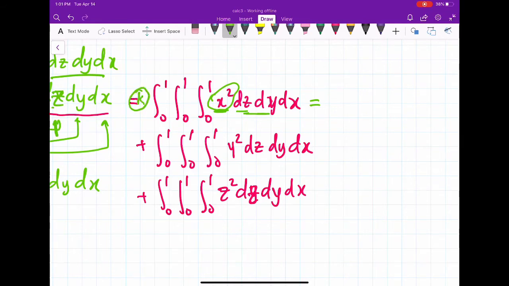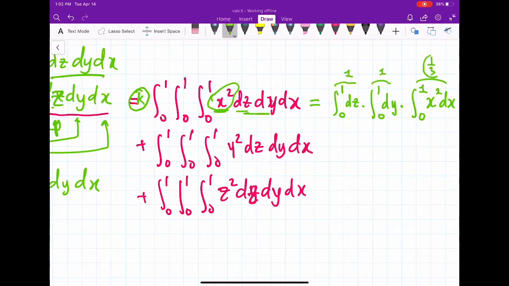I write that as integral from 0 to 1 dz times integral from 0 to 1 dy times integral from 0 to 1 x squared dx, because you can separate the function. You can write this integral as just a product of 3 single integrals. And this is 1, this is 1, and this is 1/3.